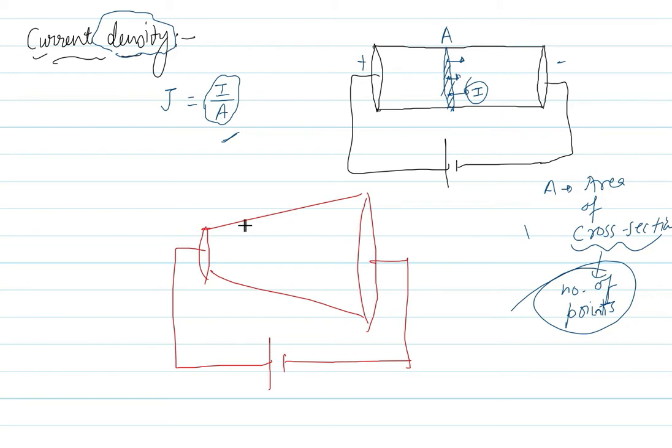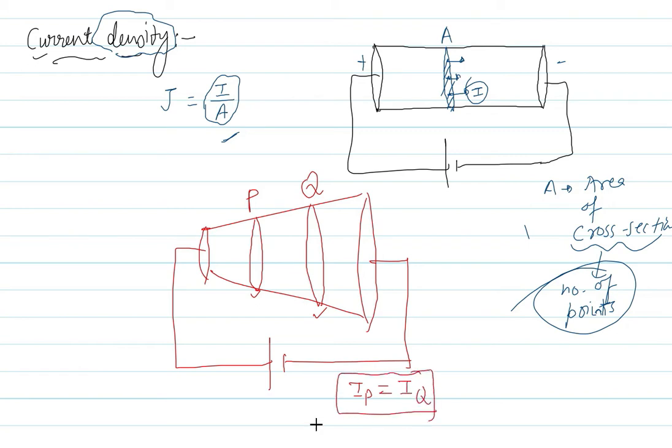Now when I consider any two cross sectional areas, suppose this one is named P, and this is another area named Q. Now if I ask you to relate the current flowing through area P with the current flowing through area Q, you will find that both the currents will be equal. You might be getting confused, but let me explain this also.